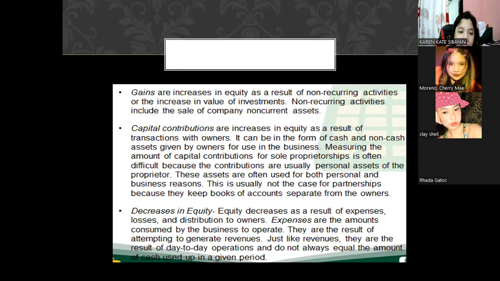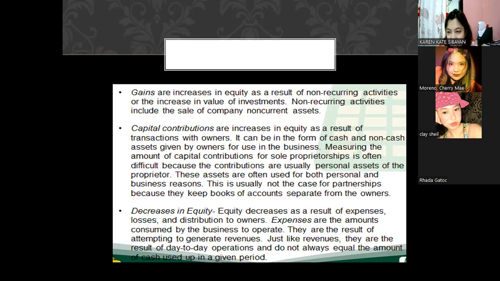Okay? So, capital contributions are increases in equity as a result of transactions with owners. So, it can be in the form of cash and non-cash assets given by the owners for use in the business. Ang example lang dito, kapag nagdagdag ka as an owner ng capital in the form of cash, for example, nagsimula ka ng business mo, meron kang puhunan or capital na in-invest na 1,000 cash, 50,000 na equipment, etc. So habang nag-ooperate yung business mo, class, mukhang medyo may extra pera ako ngayon, parang gusto kong dagdagan yung investment ko.